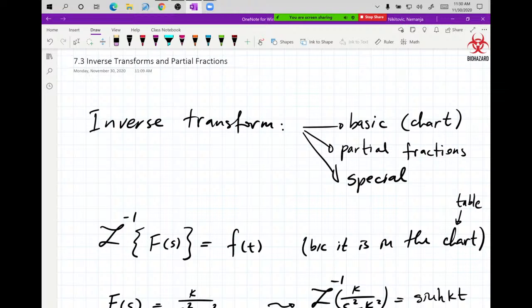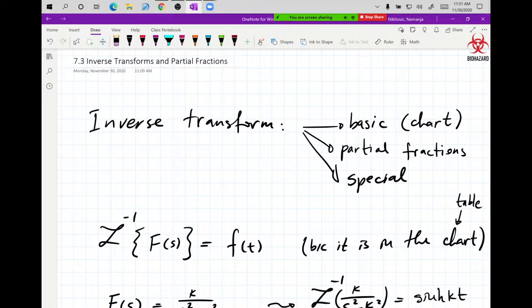There is only one way, right, to go forward. You use the tables to transform a differential equation, using Laplace transform, into an algebraic equation. There's only one way to do that. You use your chart, and if something you see is not in a chart, well, good luck, do that integral for Laplace transform with integration by parts.